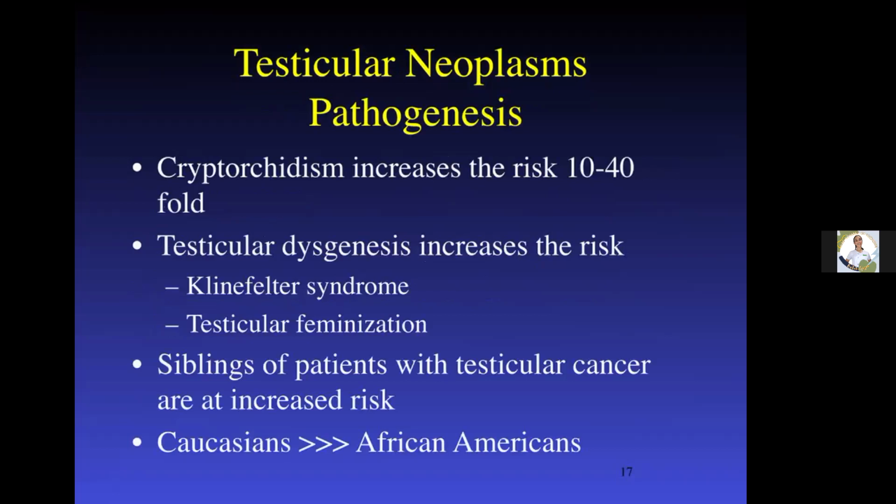Cryptorchidism increases the risk 10 to 40-fold. Testicular dysgenesis, such as Klinefelter syndrome, and testicular feminization increases the risk. Siblings of patients with testicular cancer are also at increased risk. And Caucasians are more affected than African Americans.